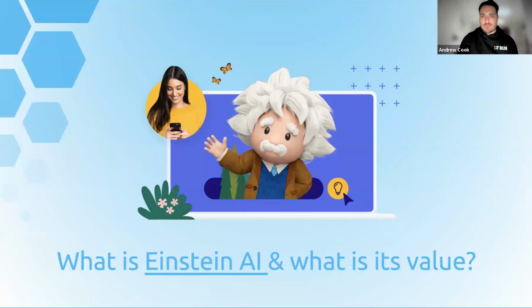I've got a couple of examples of how it's useful here. These are not new products that I'm about to talk about, which shows probably how long Salesforce have actually been in the AI space. The first one is Einstein opportunity scoring.